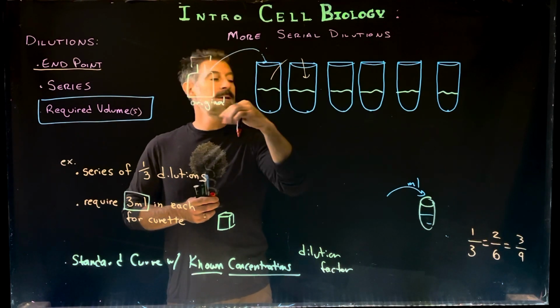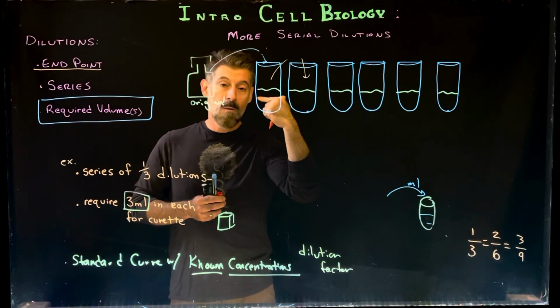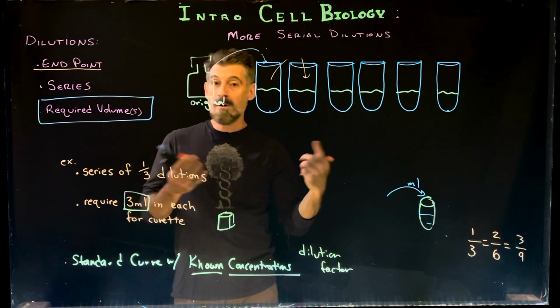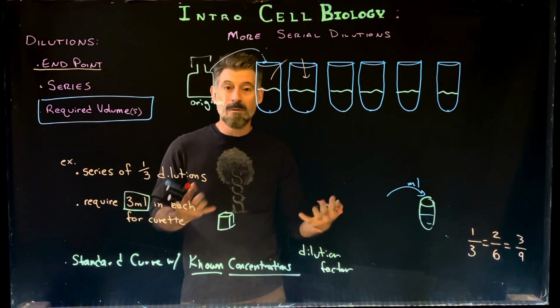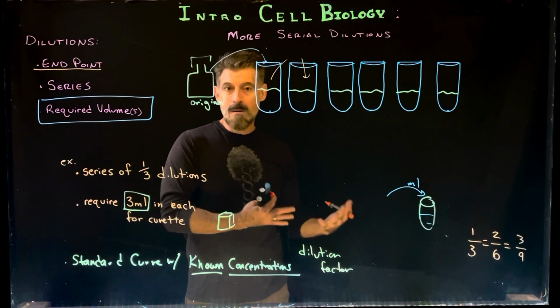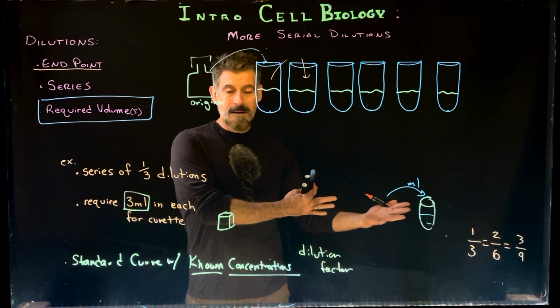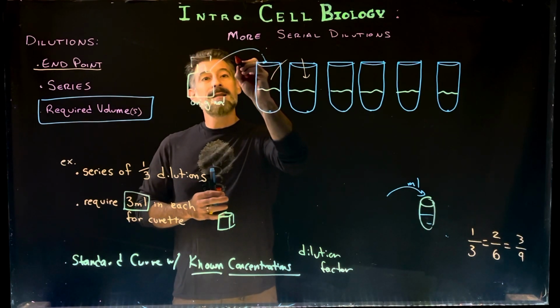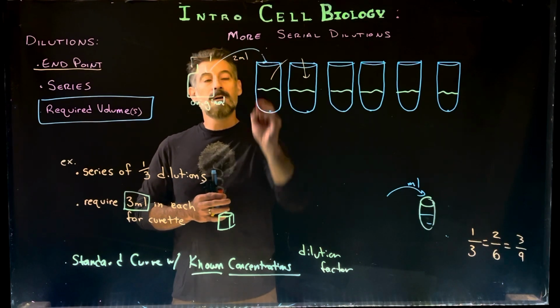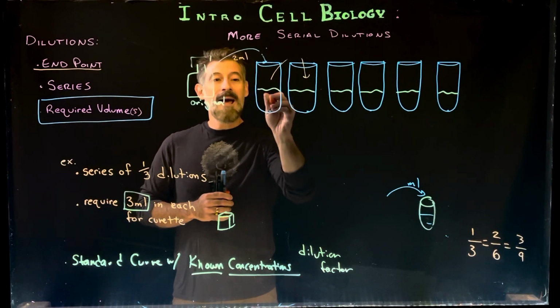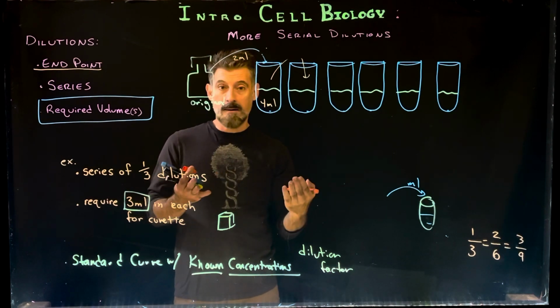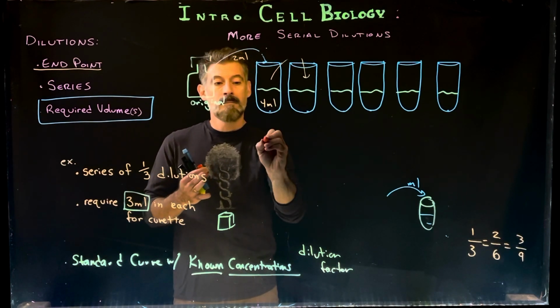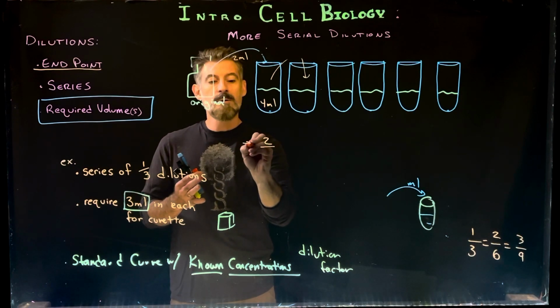So if I took from my original, instead of taking just the 1 milliliter, we don't always have to take 1 mil. That's our standard, our default, because it makes it really easy to see what you're doing and to relate it. But in this particular case, let's say we take 2 milliliters of the original and we add that instead to 4 milliliters of water. 2 is what we added.